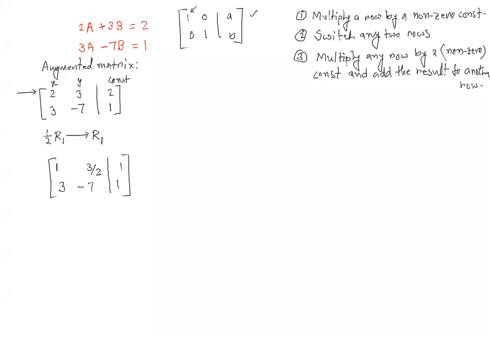So next is gonna be this. I gotta make this 3 a 0. So what do you think should be my operation here, row operation? Try and multiply the top row by -2 and then add it to the bottom.